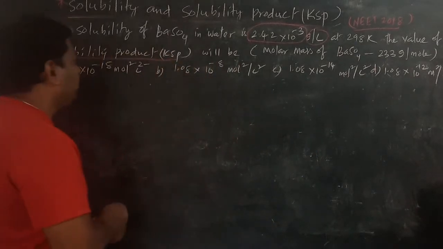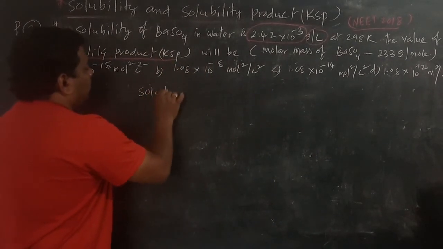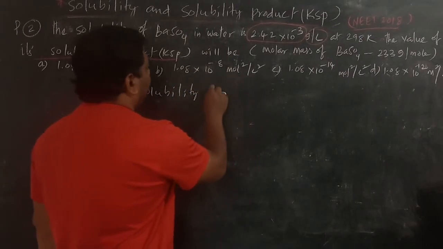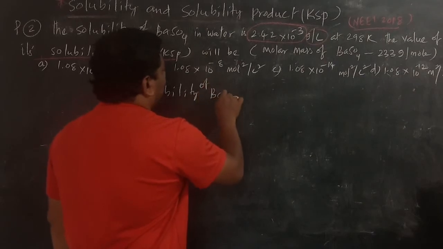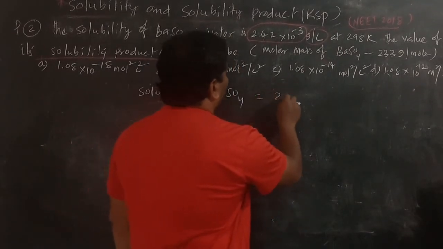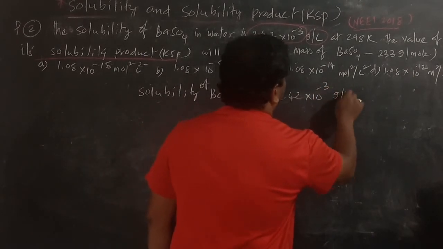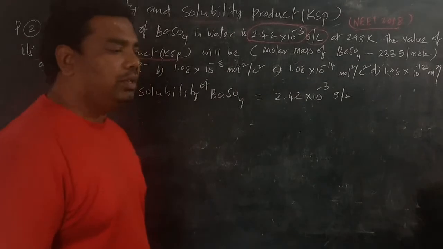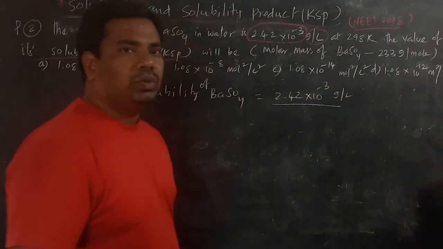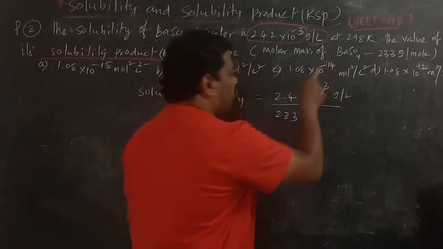So the solubility of barium sulfate is 2.42 into 10 to the power of minus 3 gram per liter. We are converting gram per liter into moles per liter, simply by dividing with its molecular mass.